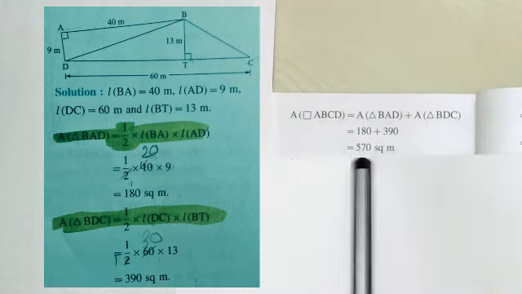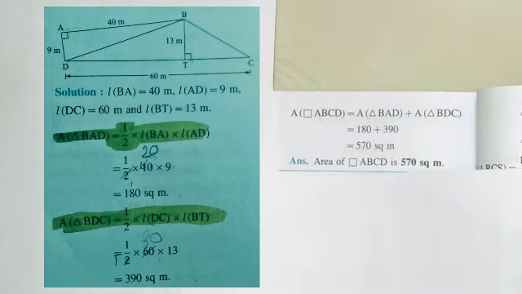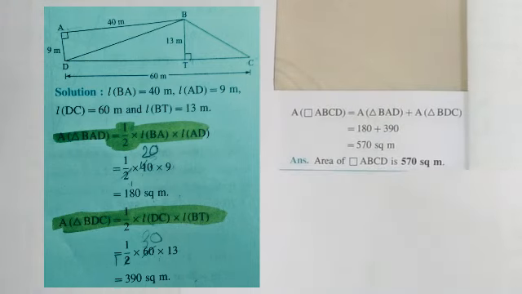It means 570 is nothing but the area of the whole figure. Let's write the answer in words. That is, area of quadrilateral ABCD is equal to 570 square meter. So students, this is a complete answer. If you want, you can take out the screenshot and write the whole answer systematically in your classwork notebook.